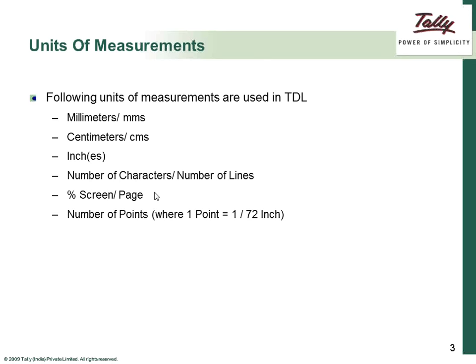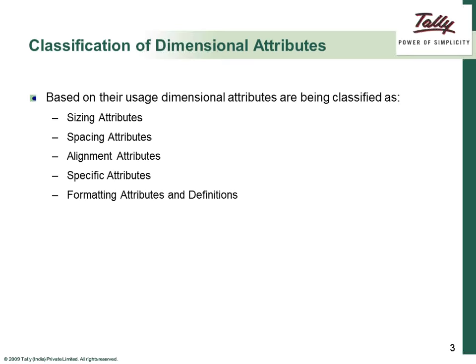So these are the units of measure allowed in TDL. Now, based on what work the attribute does in the dimension, we have categorized them: sizing, spacing, alignment, specific attributes and formatting attributes.